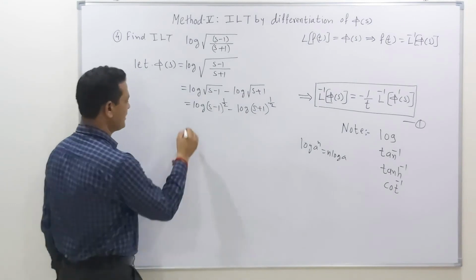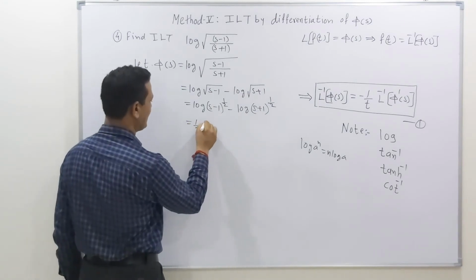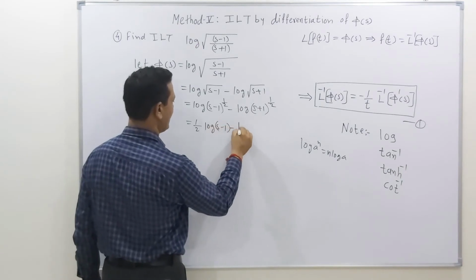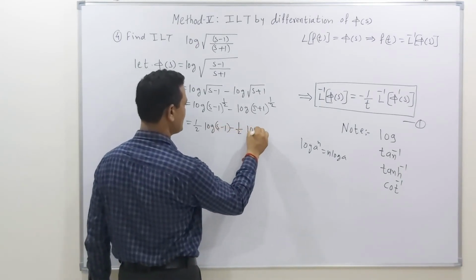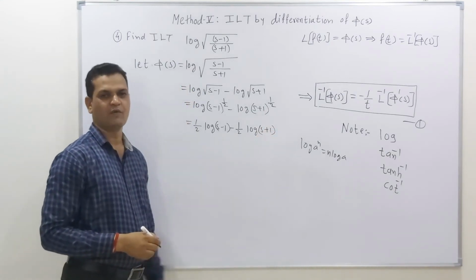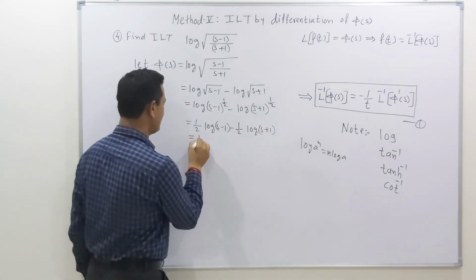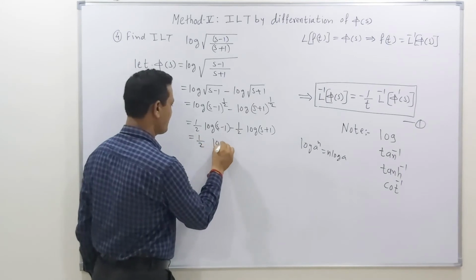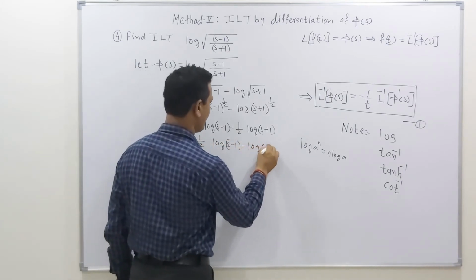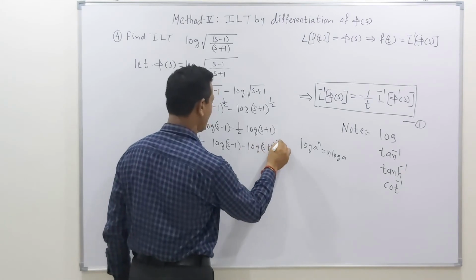So by this property, we write this as 1 upon 2 log of s minus 1, again minus 1 upon 2 log of s plus 1. Or we may directly take 1/2 common. We write this as 1 upon 2 into log of s minus 1 minus log of s plus 1.